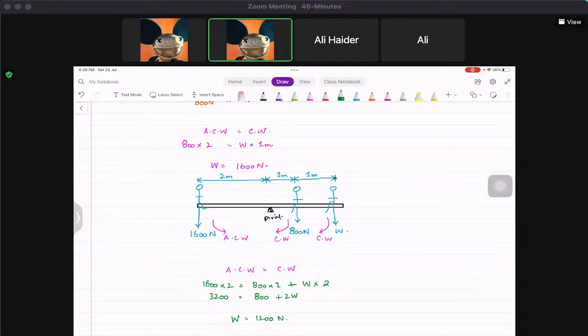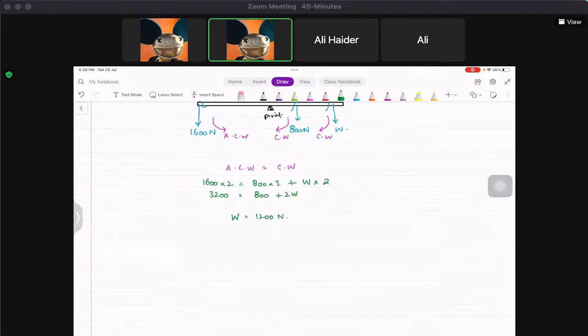Now the third example is, this time you got 2 pivots instead of 1. So A and B. Okay, before this I just want to, in fact let's do it afterwards. Before that I just want to tell you about the conditions of equilibrium.